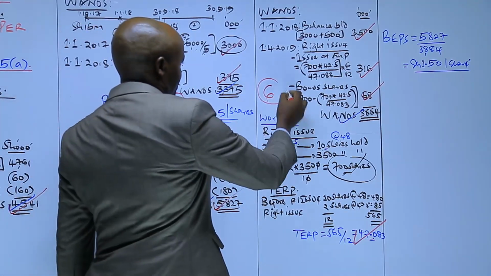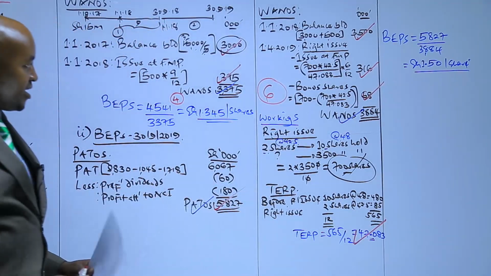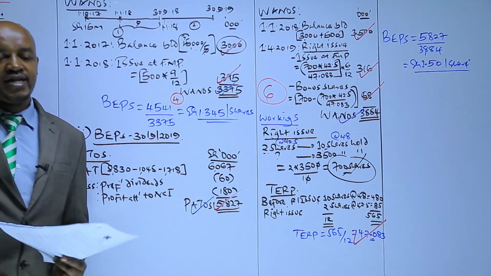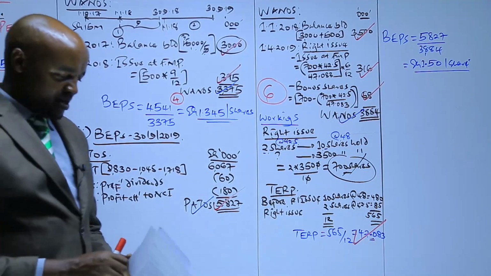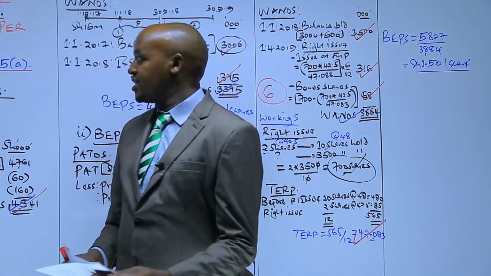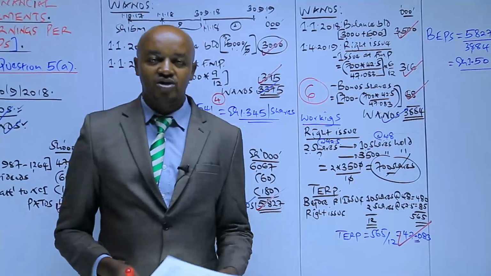And by doing that, a candidate secured 6 marks. So that is what the examiner was requiring as far as question 5A of November 2019 is concerned.